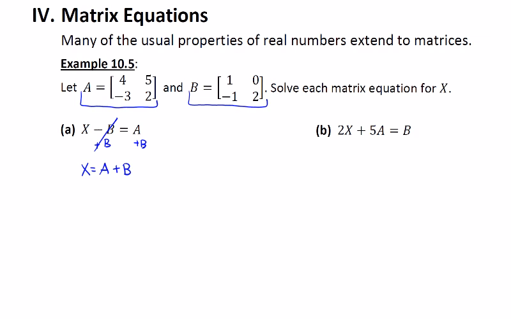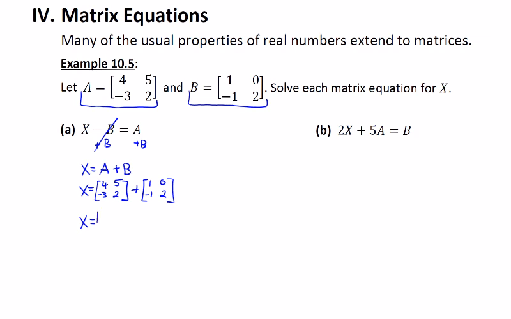So X is going to be [4, 5; -3, 2] added with [1, 0; -1, 2]. I write down the elements representing A and B, and now I just go through the addition like we did in example 10.4, adding the corresponding elements together.